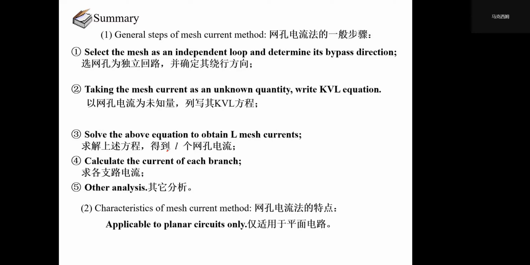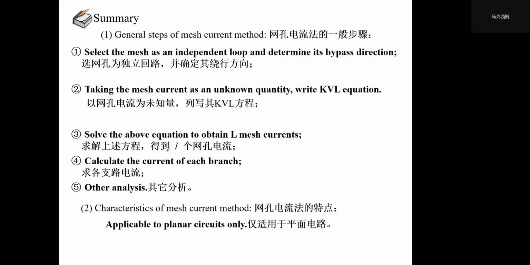This kind of mesh current method is only applicable, only suitable, for a planar circuit. So if I have a three-dimensional circuit, it will not be suitable to use this kind of method.